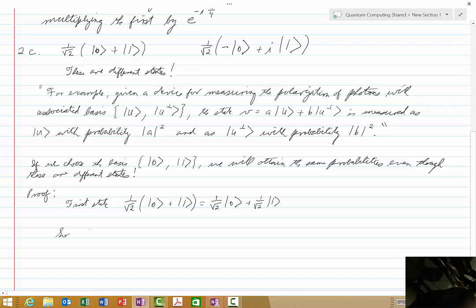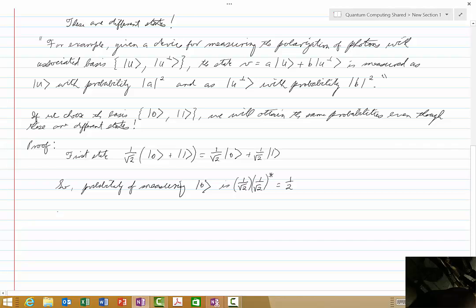So the probability of measuring 0 is this number, 1 over square root of 2, times the complex conjugate of 1 over square root of 2, which of course is just 1 over square root of 2, and that's 1/2.